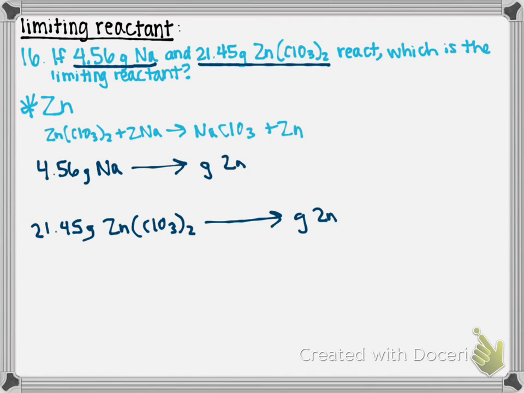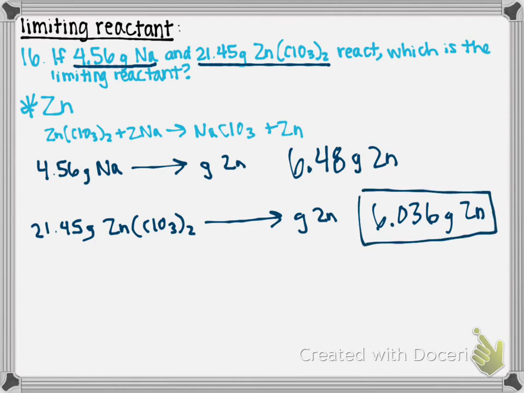Now once you do those conversions, you should have the first one, your 4.56 grams of sodium, will produce 6.48 grams of zinc, and your second one will produce 6.036 grams of zinc. Once you have all that math figured out, all you have to do is look for the smaller amount of product.